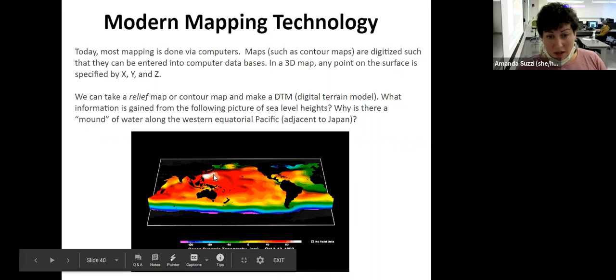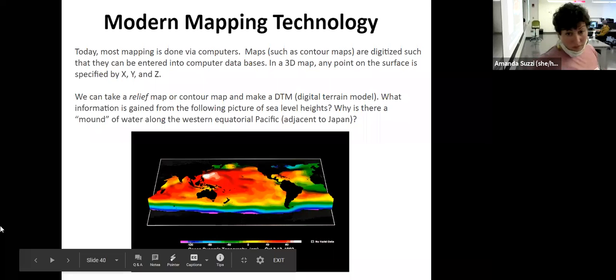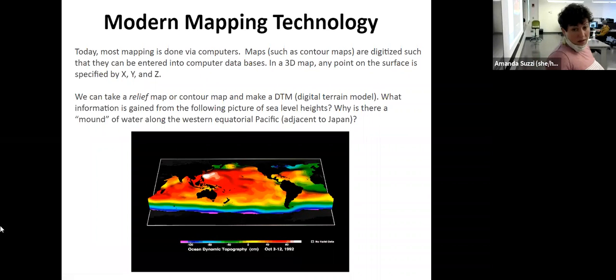You see the white blob there? And this really shows it. So why is there a mound of water along the western equatorial Pacific, next to Japan? Anybody have an idea?